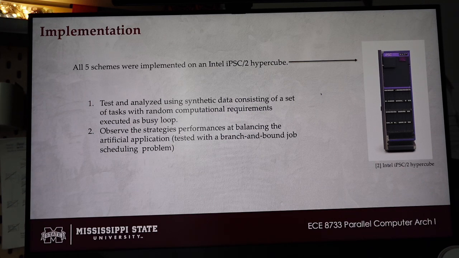The second step is to observe the strategy performance and balance an artificial application. In this step, they use a real problem to apply to these 5 strategies, which is the branch and bound job scheduling problem.